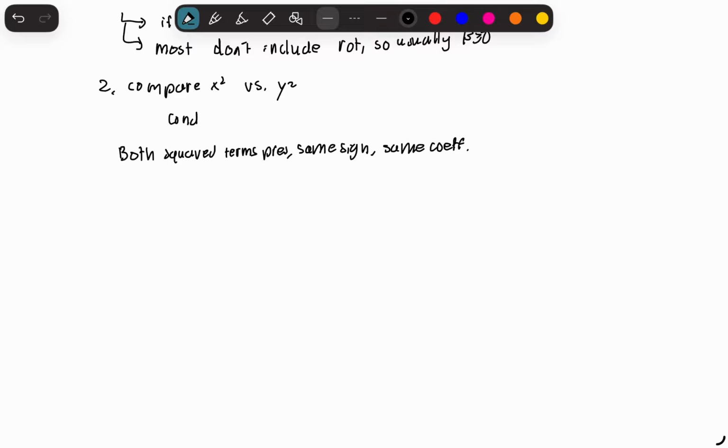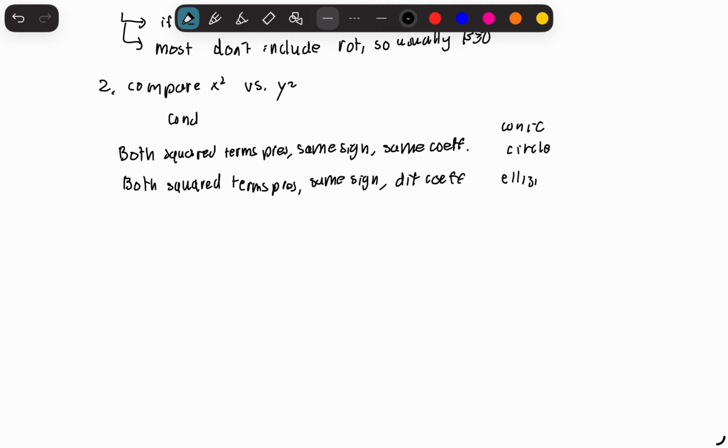That's going to be a conic, and it's going to be a circle. Now, what if you have both squared terms present, you have same sign, but you have different coefficients?